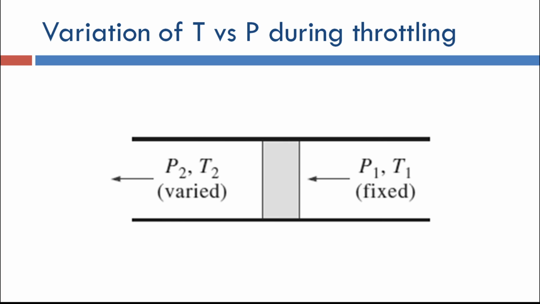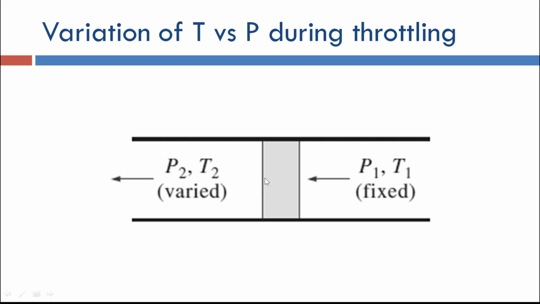Let us take a porous plug, simply a fixed dimension porous plug in which the initial conditions are represented by pressure P1 and temperature T1, and the final conditions, depending on the type of the porous plug, the dimension of the porous plug, as well as the duration, will be P2 and T2, that will be varying, right?